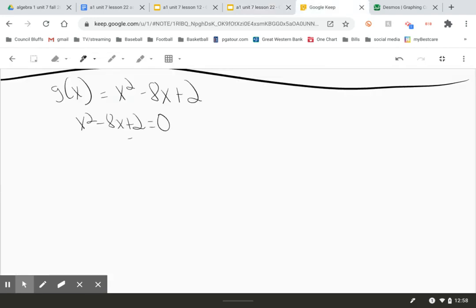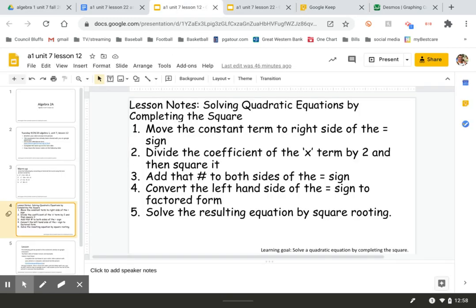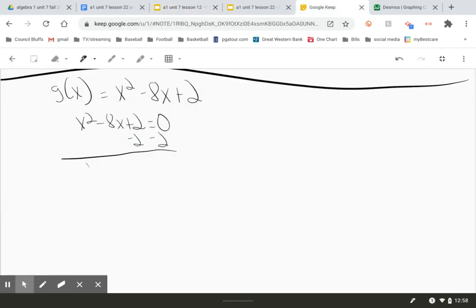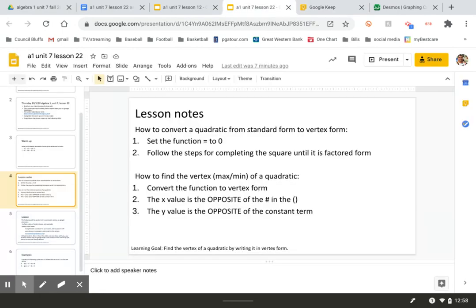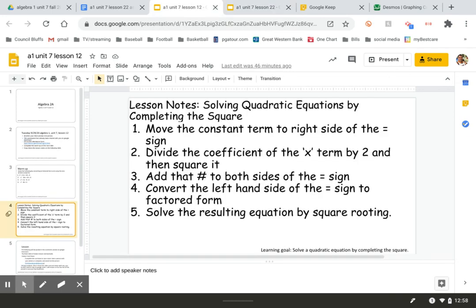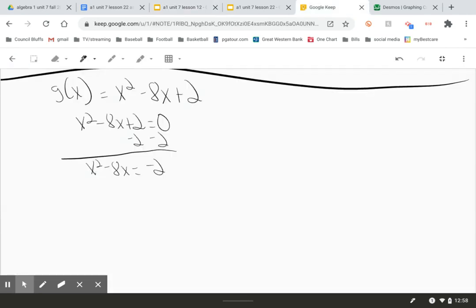Okay, so I'm going to subtract 2 from both sides, because remember, to complete the square, I have to move the constant term to the right-hand side. So x squared minus 8x equals 0 minus 2. Divide the coefficient of the x term by 2 and then square it.